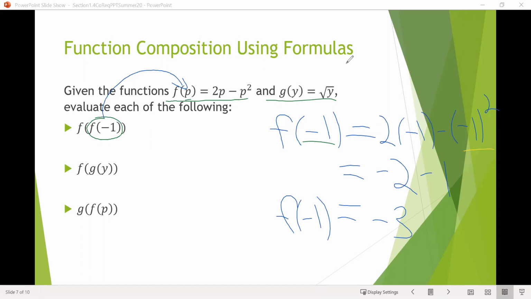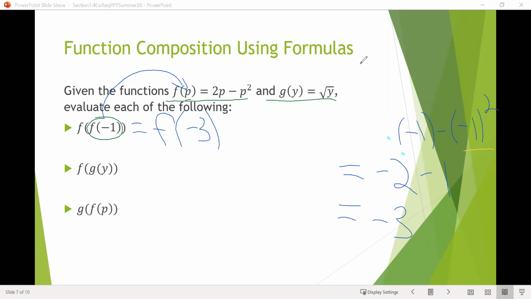That now can take the place of the f of -1 here, so this becomes f of -3. To evaluate that, we repeat the process again, but this time plug in -3 for p.